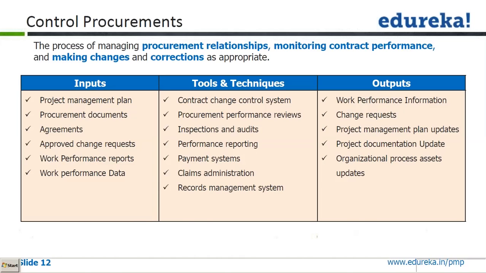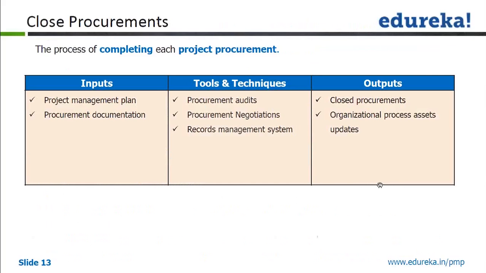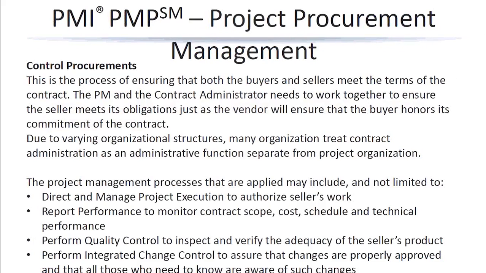So that's about it. This is a process wherein we go about this. I'm just reading it for you. In this process, we are ensuring that both the buyers and sellers meet the terms of the contract. So what does the buyer do? What do sellers do?